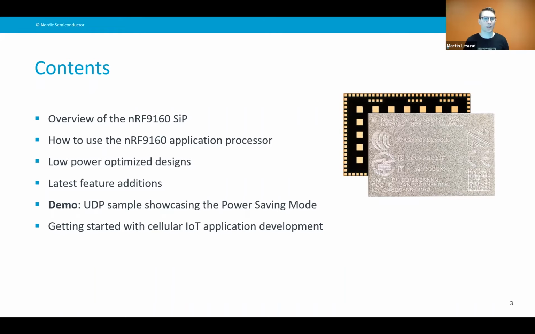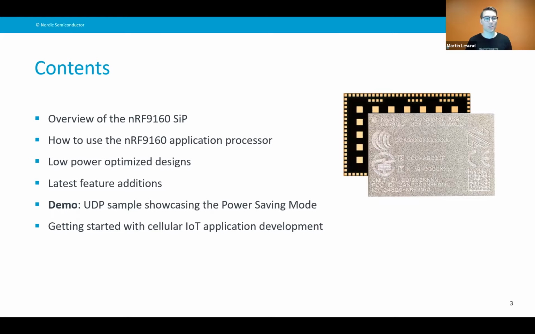Also going to talk about the latest features we have. We have the new generation of the nRF9160 with a lot of improvements that you may not know of, and also some improvements on the modem side as well. We're going to talk about that.